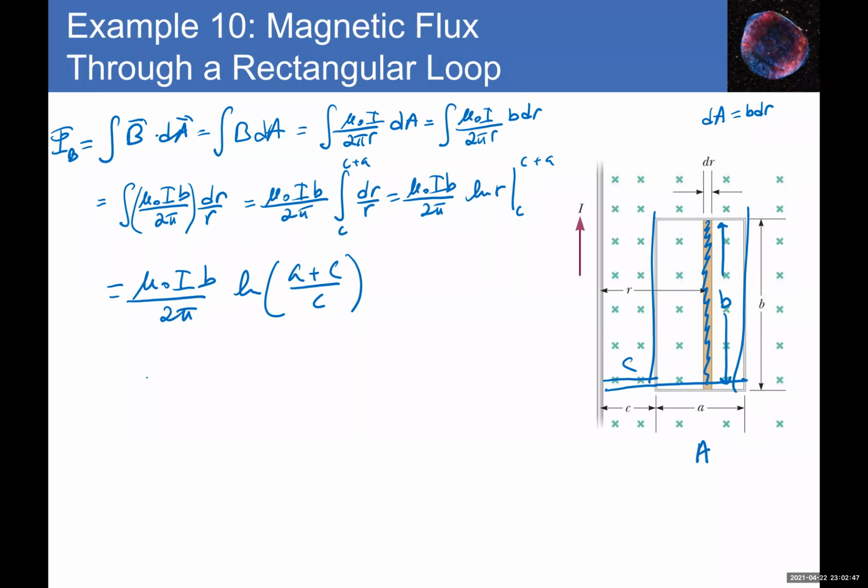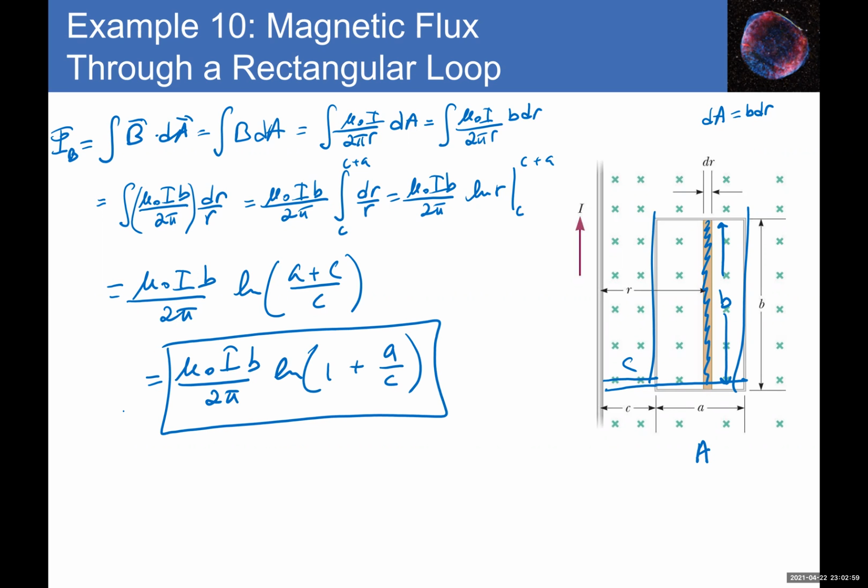Which can also be simplified as mu naught I b over 2 pi, ln of 1 plus a over c, which is the same thing. All right, so this is the total magnetic flux for that loop.